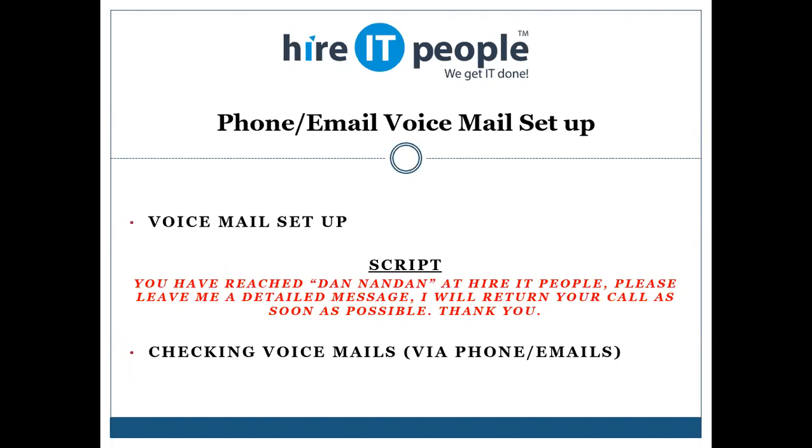You go into the system, there are prompts where you can record your voicemail. The script in red is what you are going to record. You have reached, replace your name, at Higher IT People. Be very clear. You have reached XYZ at Higher IT People. Please leave me a detailed message. I will return your call as soon as possible. Thank you.